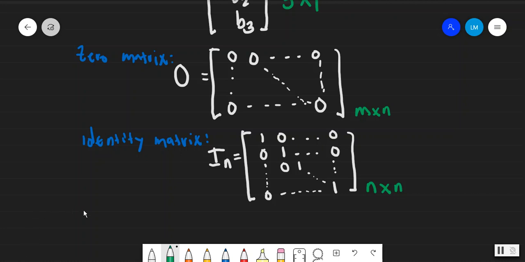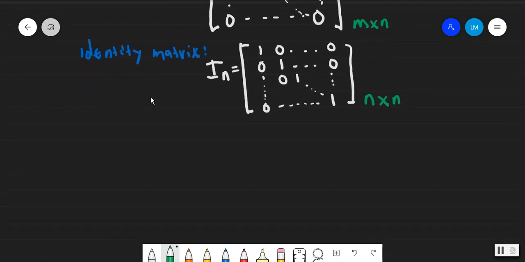Now, these matrices are actually very important as it relates to, let's say, multiplication or even addition. So let's say we start with the basics. The basics are that we want to be able to add and subtract.